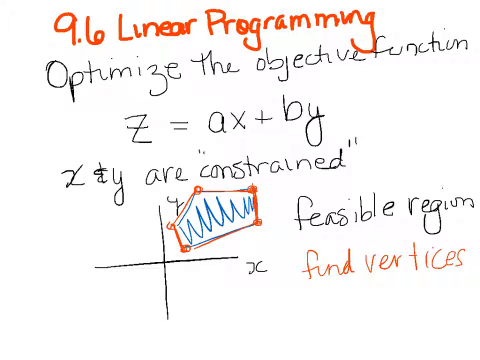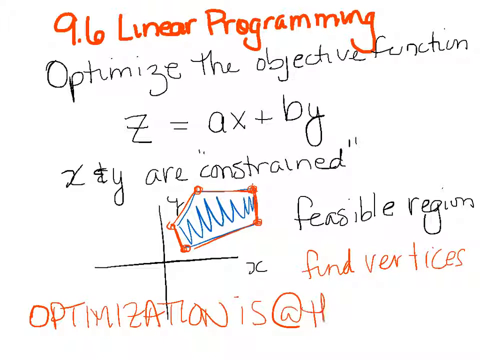The vertices are very important. There's a very long proof, I'll save it maybe for later, but wherever the optimal value z is will occur at the vertices. So optimization is at the vertices.